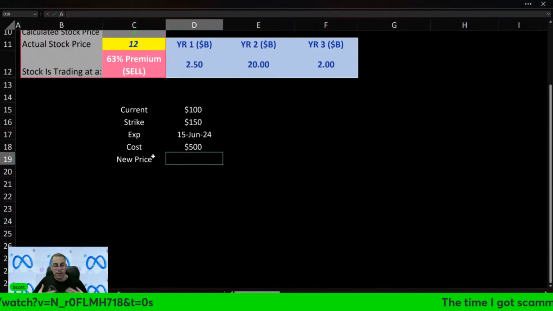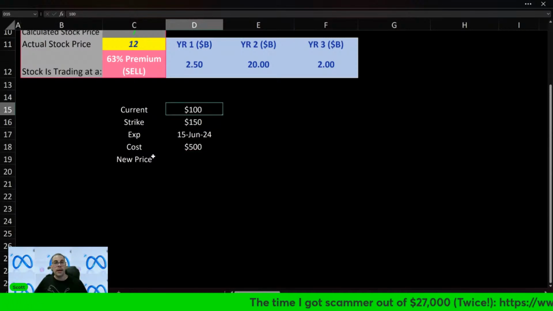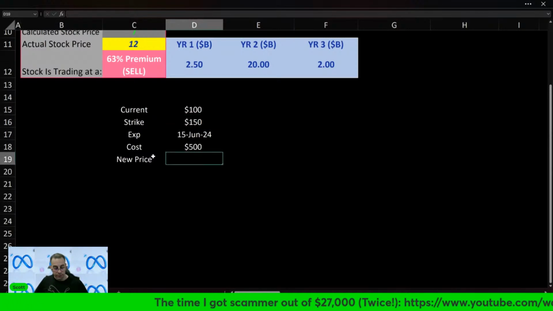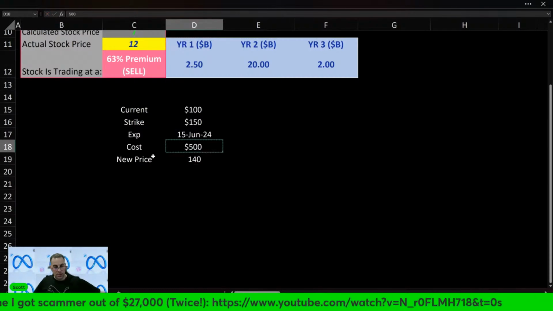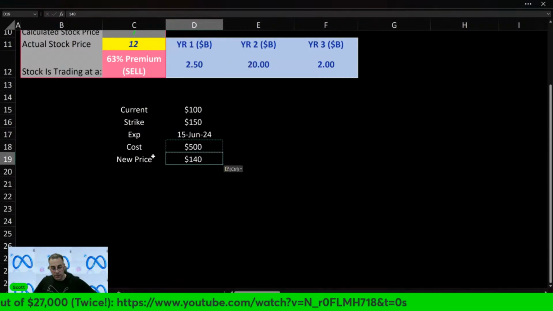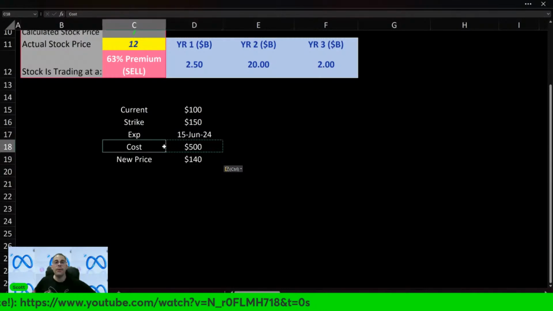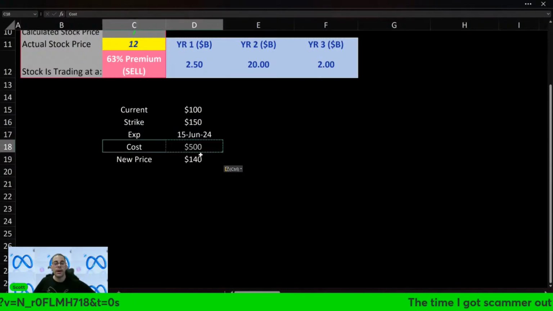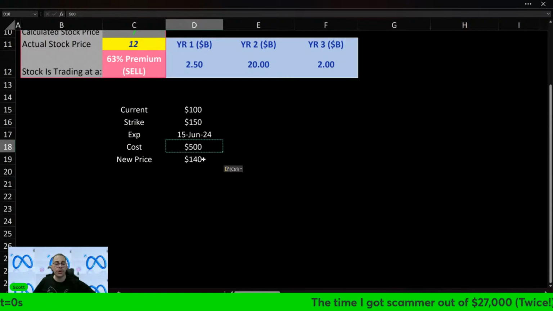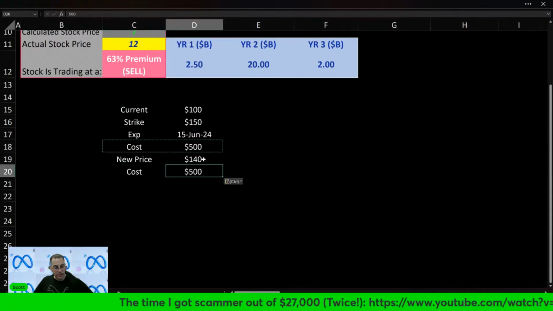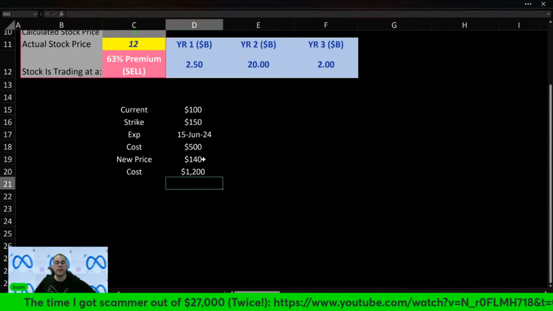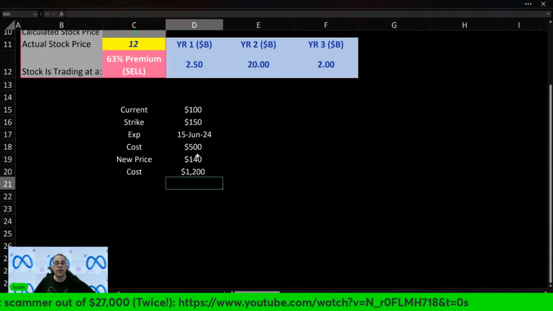of the call goes up. This is how most people trade options. This is how I trade options. Say the stock goes up a lot. It goes from 100 to 140. Well, you're still out of the money. But I would just sell the option, because the option probably went up a lot. It went from 500 to probably now like 1,200, because it's getting pretty close to the strike.